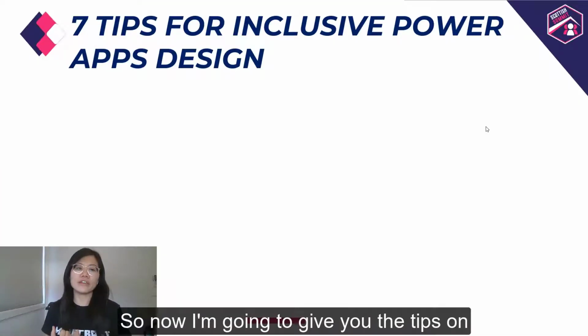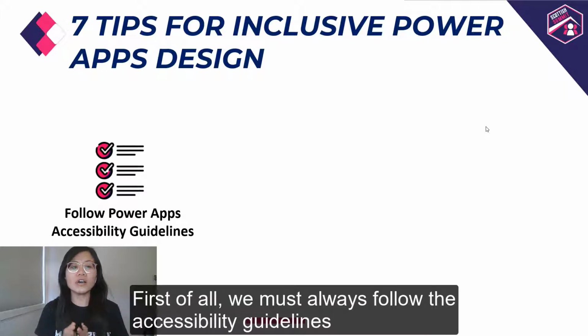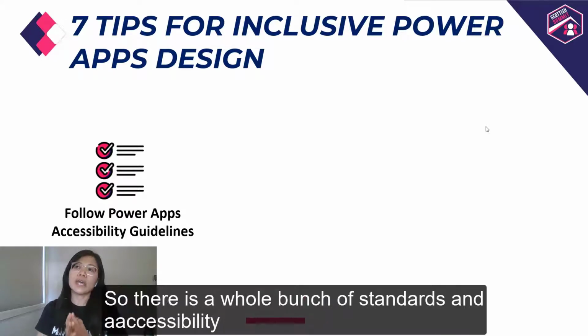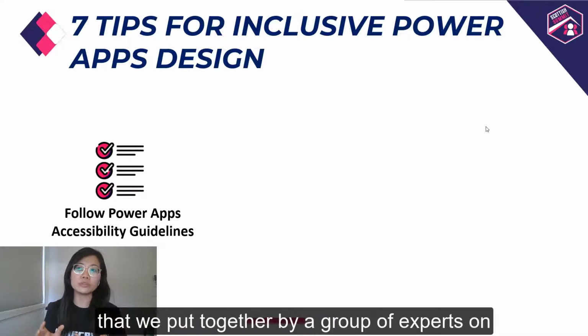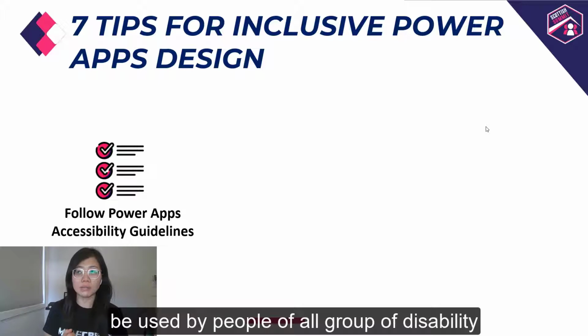So now I'm going to give you the tips on how to build an inclusive Power App. First of all, we must always follow the accessibility guidelines. There is a whole bunch of standards for accessibility that have been put together by a group of experts on how we can build apps and web content that can be used by people of all groups of disability.